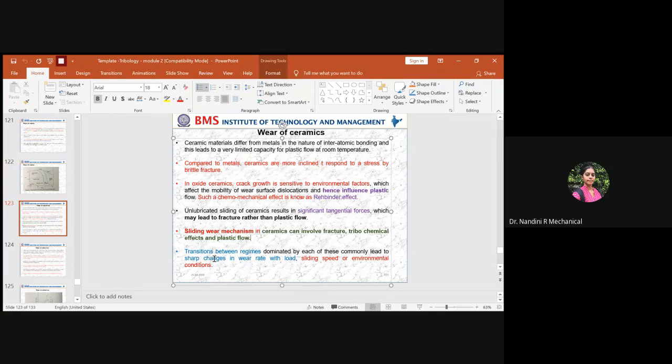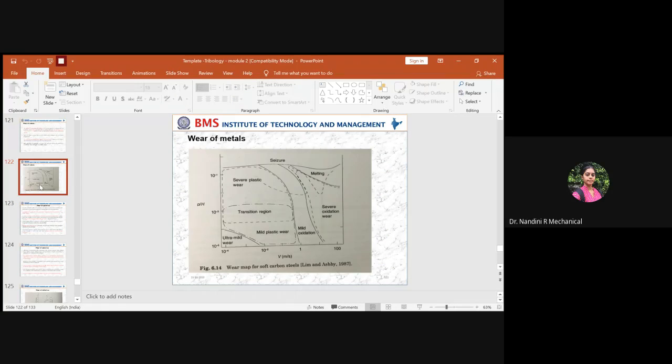And the next point you have to understand here is that the transition between the regimes dominated by each of these commonly leads to sharp changes in wear rate with load. So what do you mean by this? There is a transition in the load applied from one region to another.